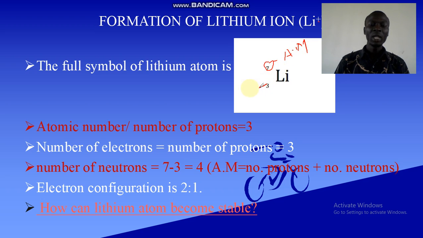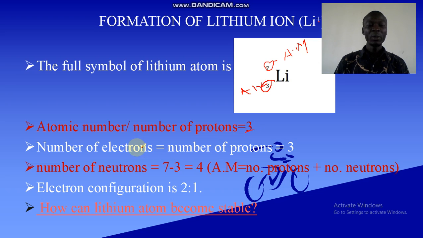Then this represents atomic number. Atomic number is 3. But atomic number is the same as the number of protons in that atom. So the number of protons in that atom is 3.